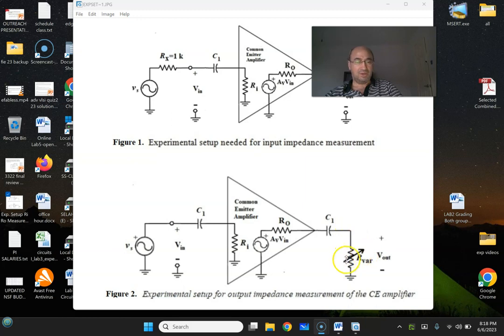Then once you connect, you vary it until it reduces to half of the previous that you measured. So before connecting, assume you measured 4 volt peak to peak, and once you vary this and make the output voltage reduce to 2 volt peak to peak, you simply remove this and measure with an ohm meter. So then you will get exactly the same value as this RO.